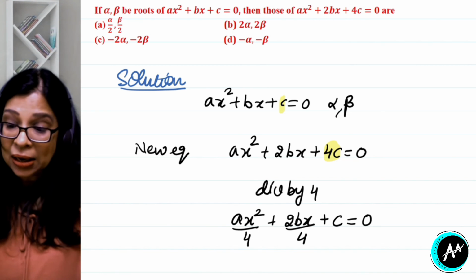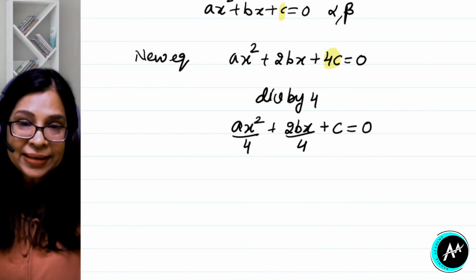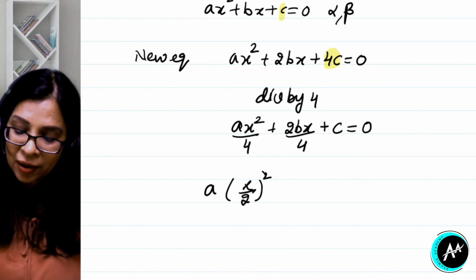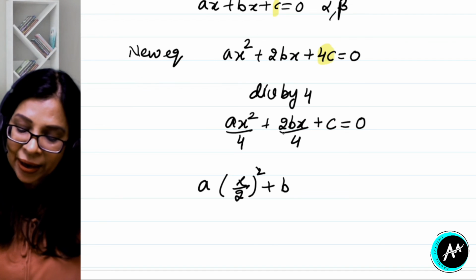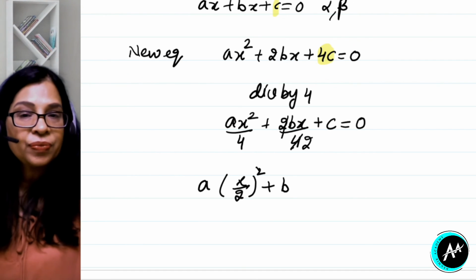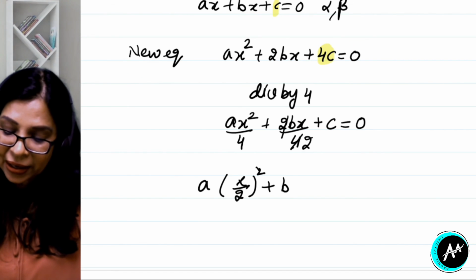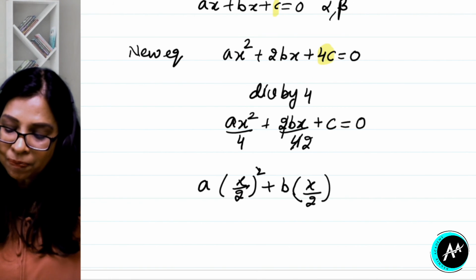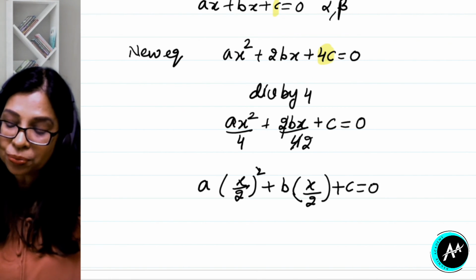Observe carefully how we can write this. I can write it as a into (x upon 2) whole square, correct, plus b into x upon 2, because you can see here 2 will get cancelled, isn't it? So this can be written as b into x upon 2 and plus c equal to 0.